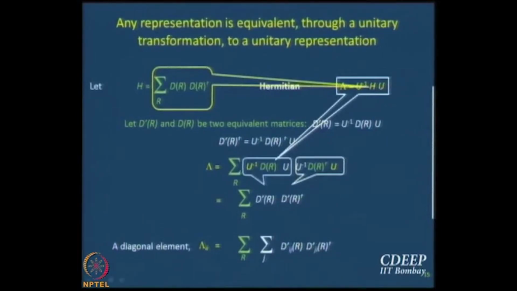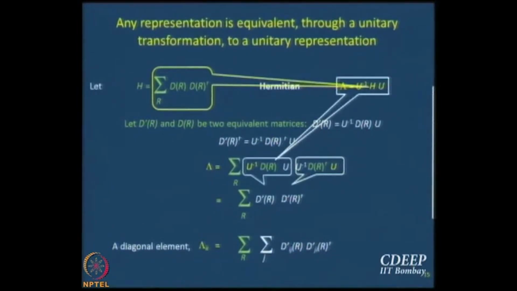So the summation is on j, the second one, d 1 2 prime r multiplied by d 2 1 prime r dagger. Summation is on j, so j is the first element here, and so on and so forth. You sum j equal to 1 to n. Are we all comfortable with this?